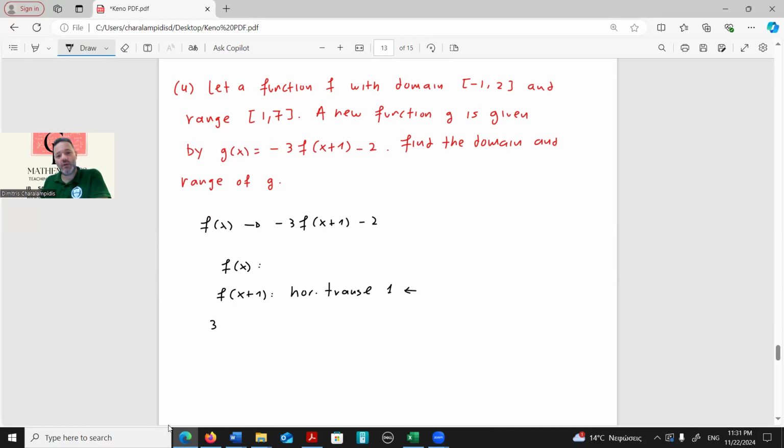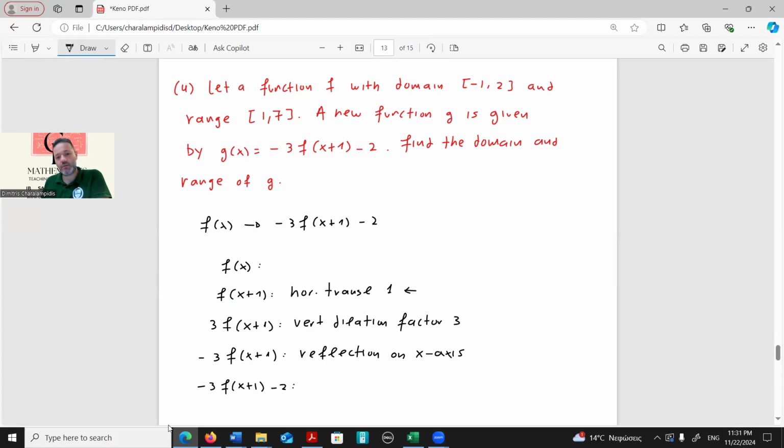Then I will create the 3 times f of x plus 1, which is a vertical dilation of factor 3. Then I'll do the reflection on the x-axis. And finally, I'll take out 2 from the entire thing, which means a vertical translation 2 units downwards.